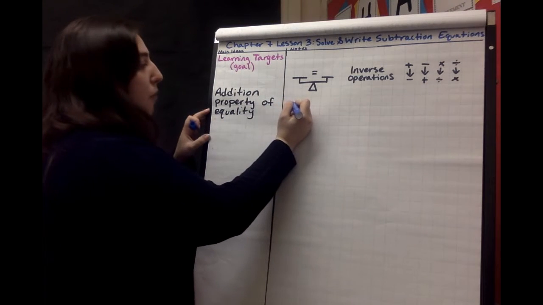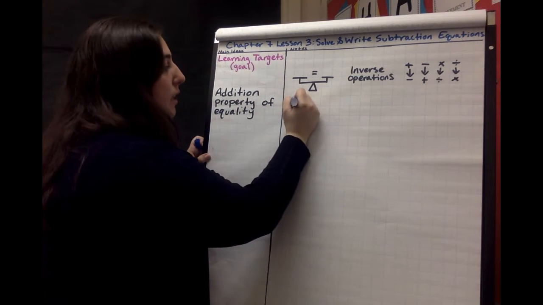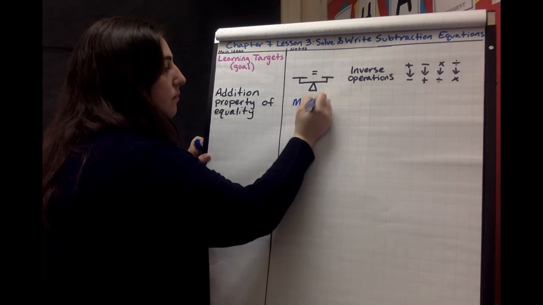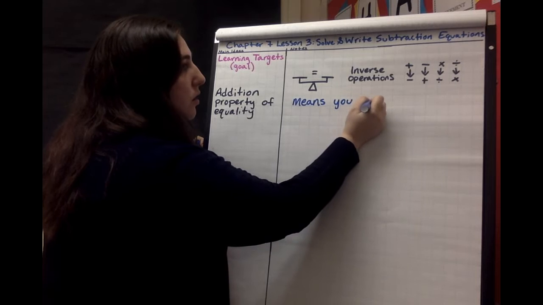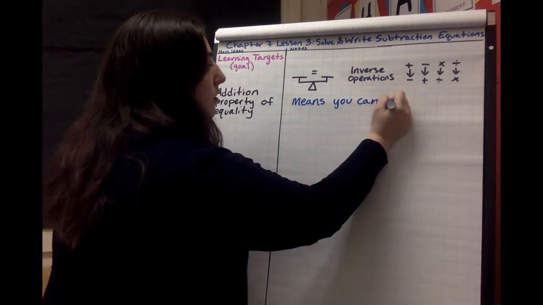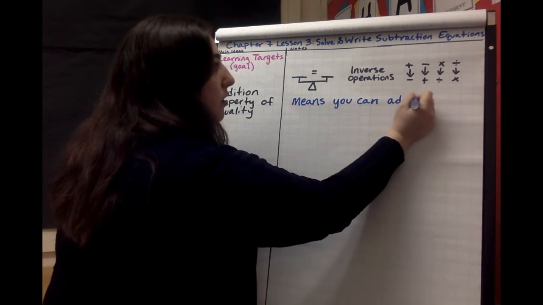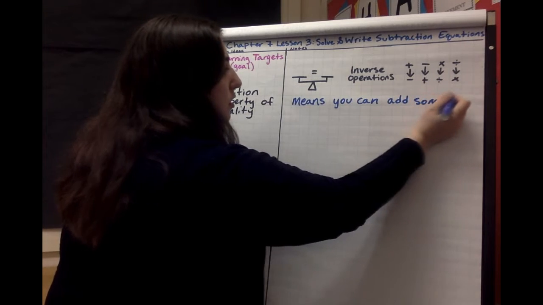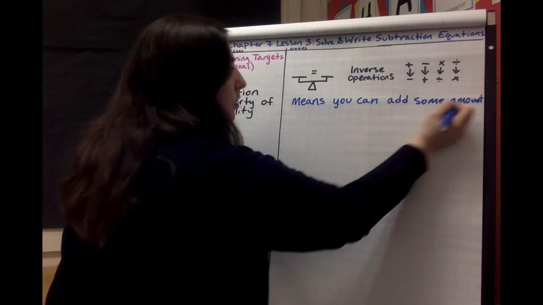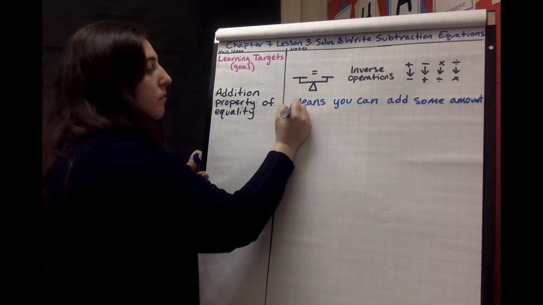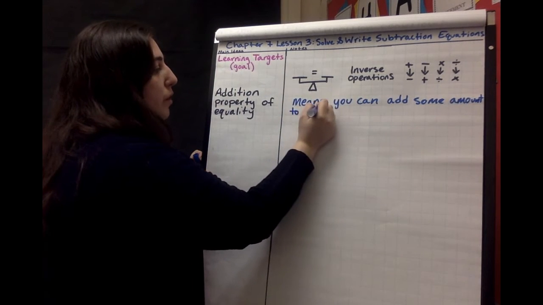So the addition property of equality means you can add some amount to both sides.